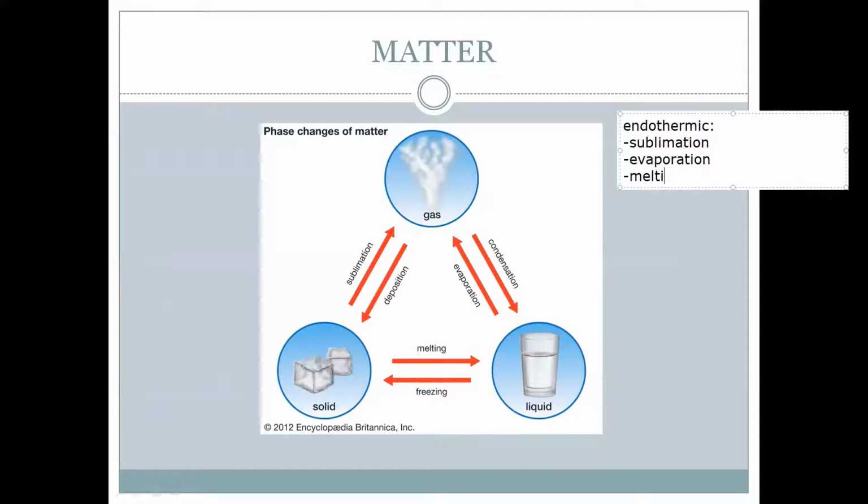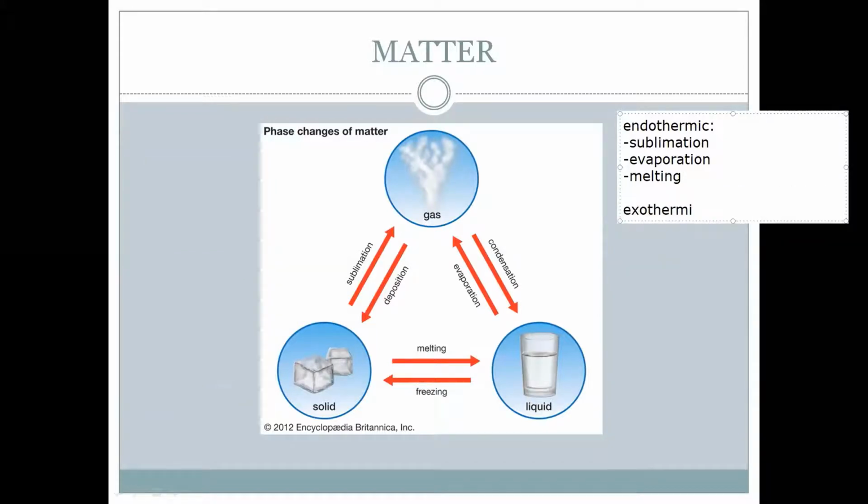Tama, diba? So, and also exothermic. Exothermic includes freezing, condensation, and deposition.